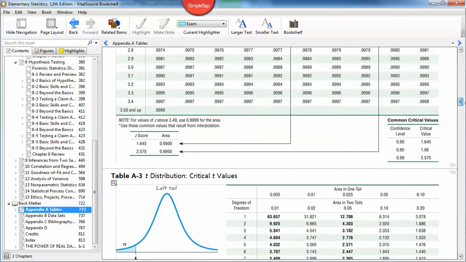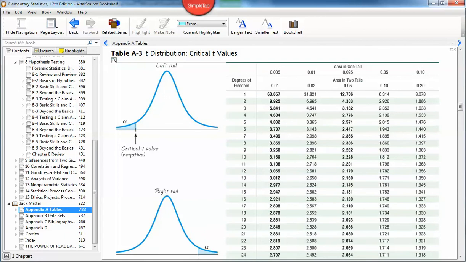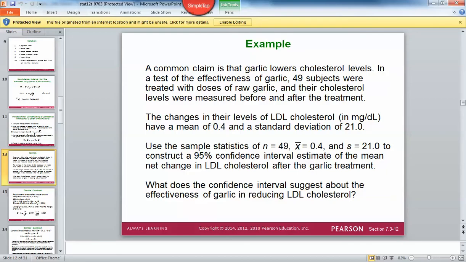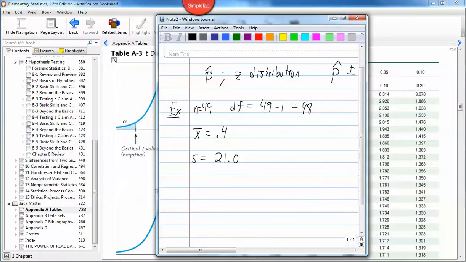Now, the alpha that we find, I believe the problem said 95% confidence interval estimate. So 95% means that alpha equals 1 minus 0.95, which is 0.05. This is the total area of the right side and left side.